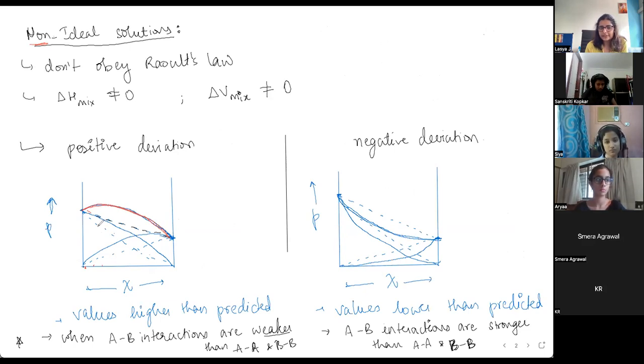But that's not the reality. In reality, if you measure it experimentally, this is what was observed. That is why there was a deviation. So if you compare the observed value versus the Raoult's law value, how do they compare? The observed values are greater than Raoult's law values, right? So that is why it's called a positive deviation, an increase.